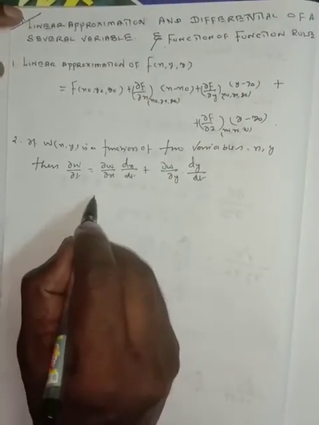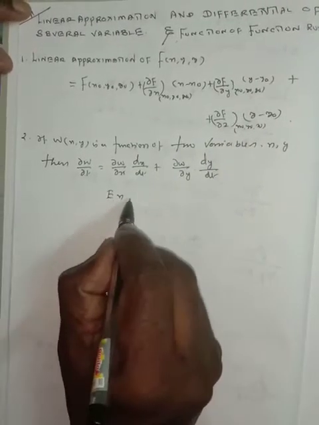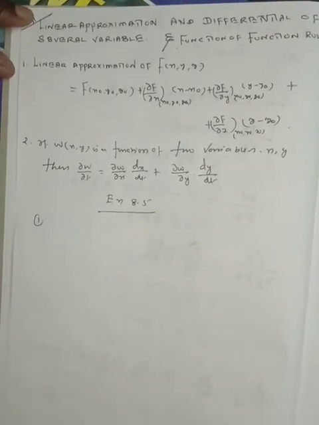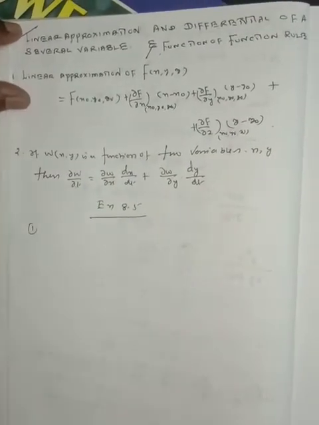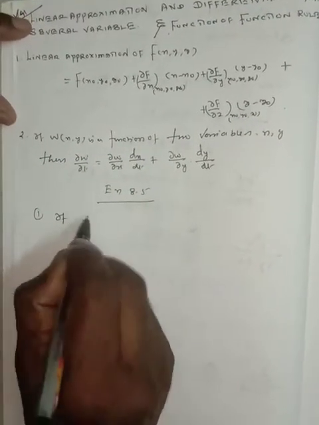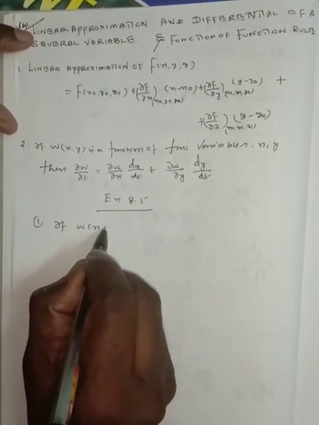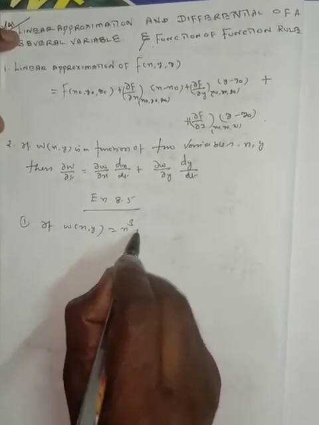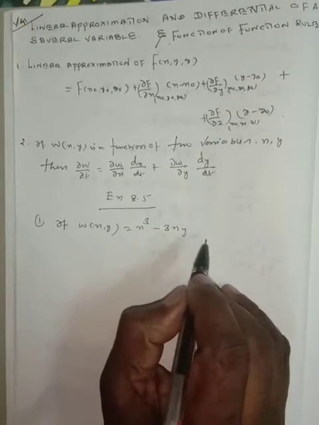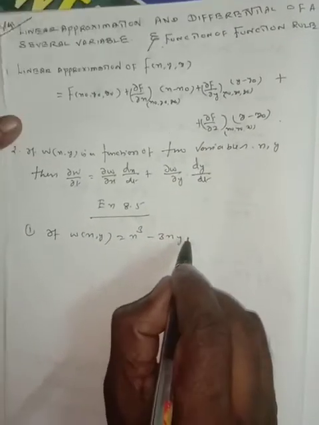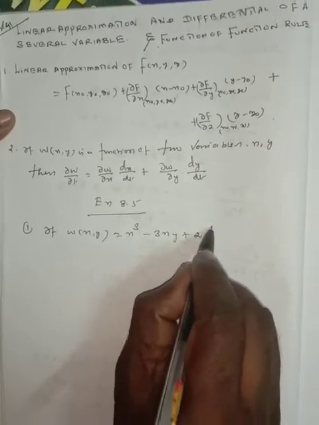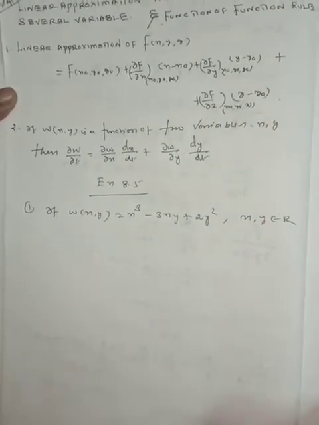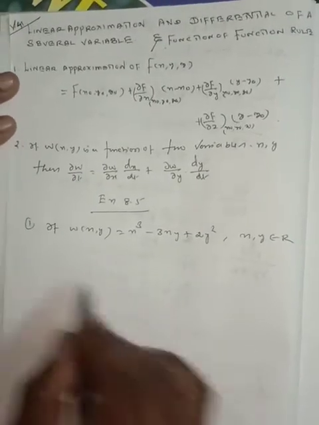Now we are going to take example 8.5, sum number 1. If w of x comma y is equal to x power 3 minus 3xy plus 2y square, x comma y belongs to the real number set.